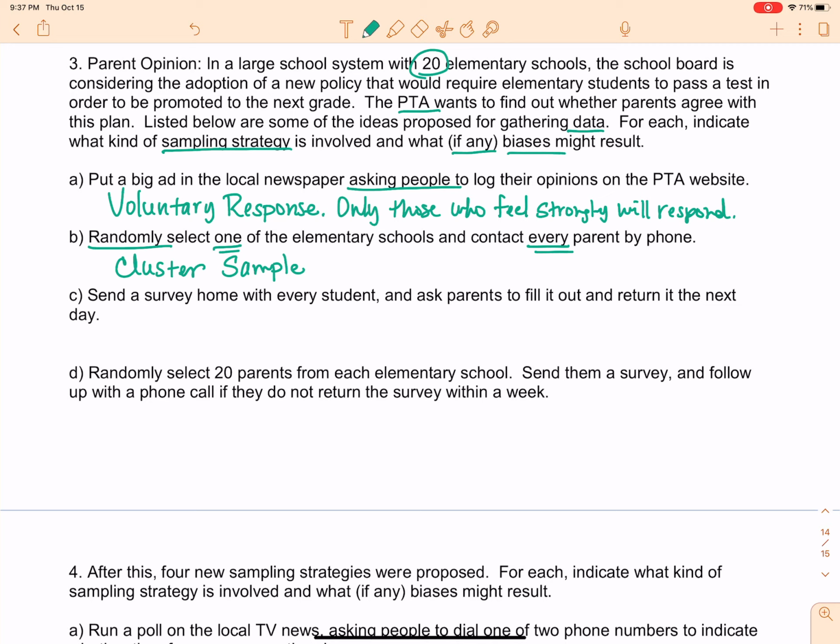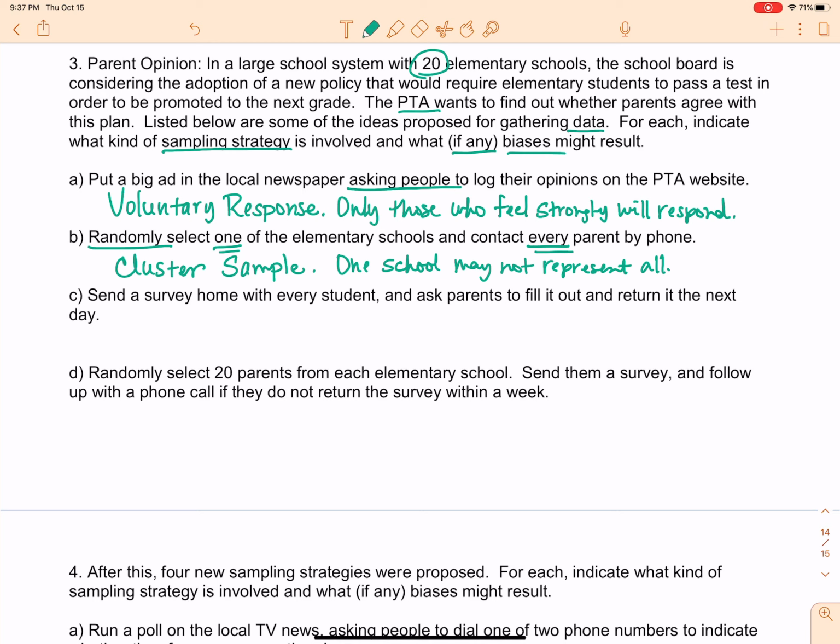And a problem that might arise with this is that one school may not represent all of the schools. So that may be a problem with bias.